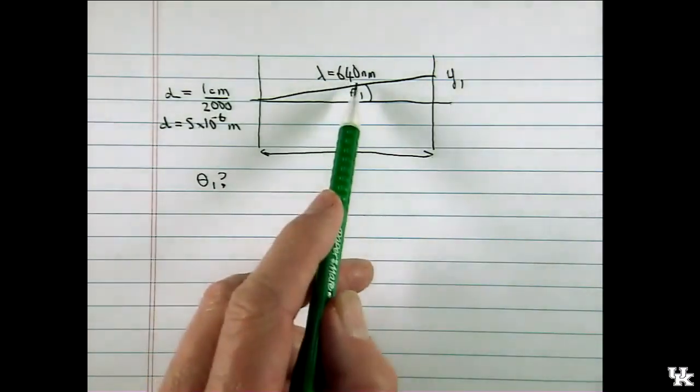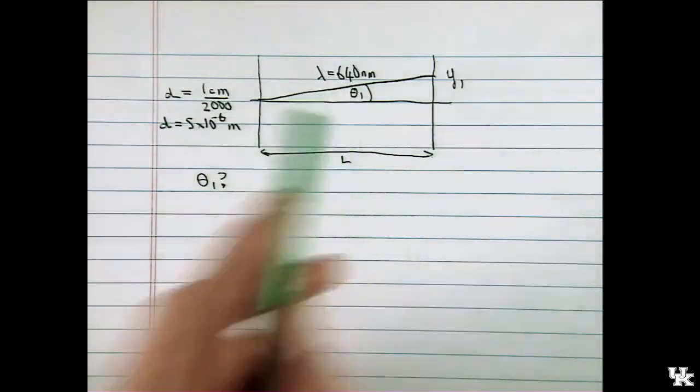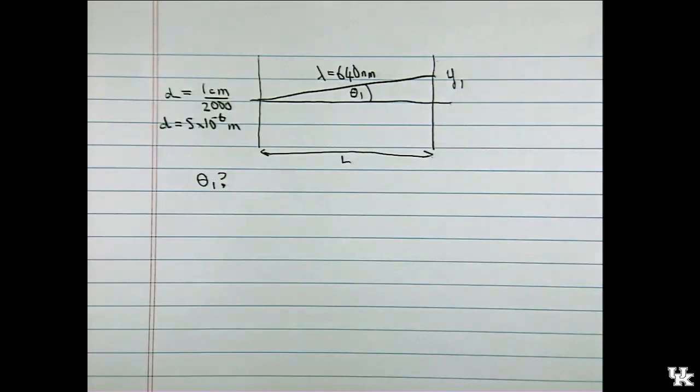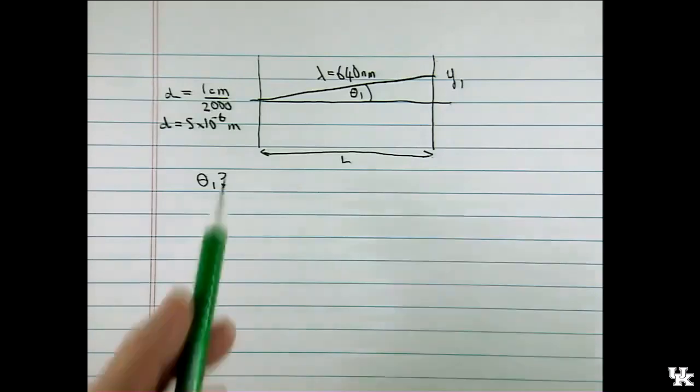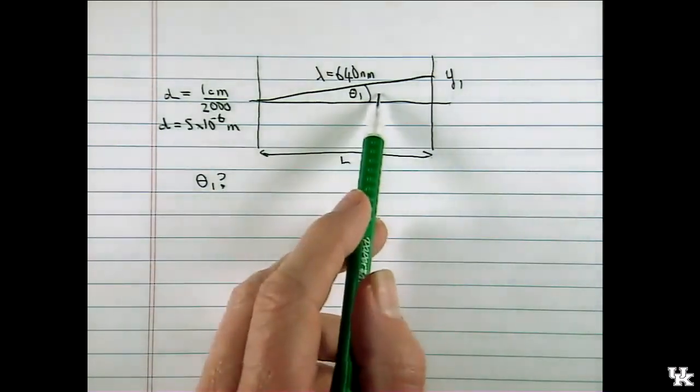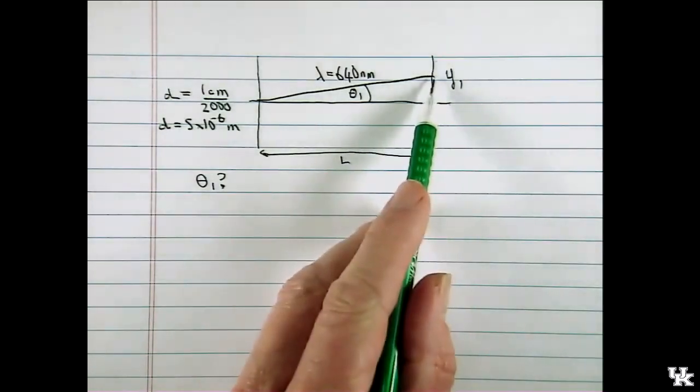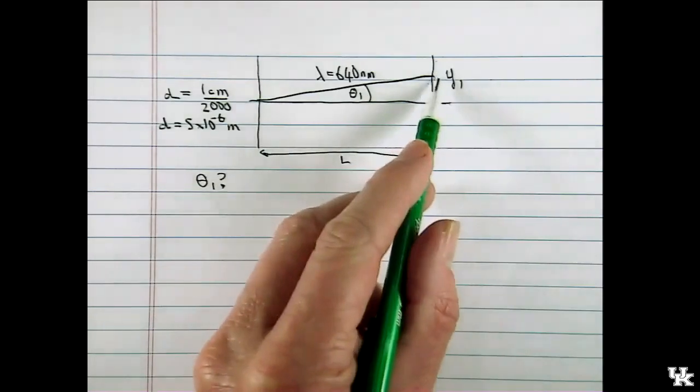We know the wavelength of the light that we're shining on the multi-slit diffraction grating. We're shining red light, 640 nanometers. It's long wavelength visible light. We've got to figure out the angle to the first diffraction maximum. There's a first diffraction maximum upstairs here.